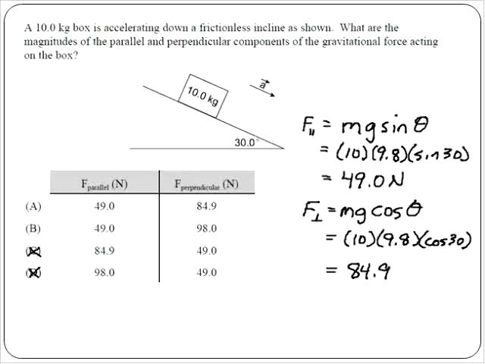So the answer obviously has to be A. All it asks you to do is find your two components of gravity, perpendicular and parallel. And that's how it's done. You always use sine for the parallel component, and you always use cosine for the perpendicular component, as long as the angle of the ramp is measured from the horizontal, and that's the way it'll always be given to you.